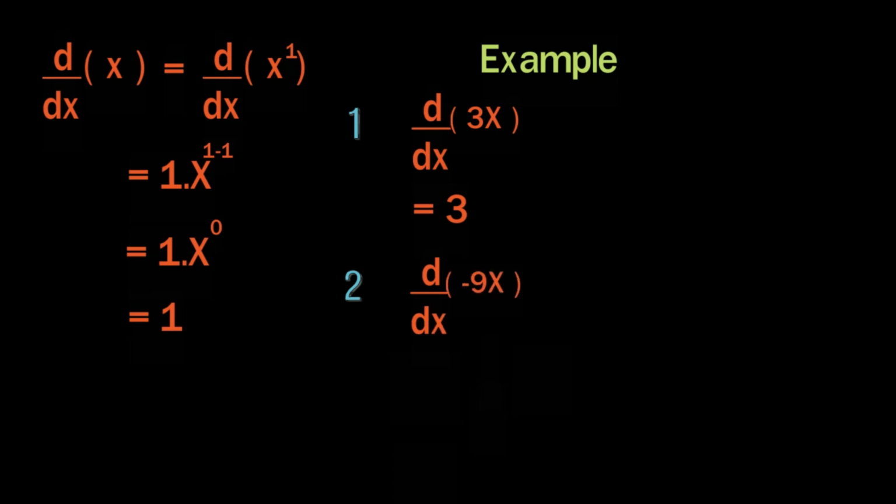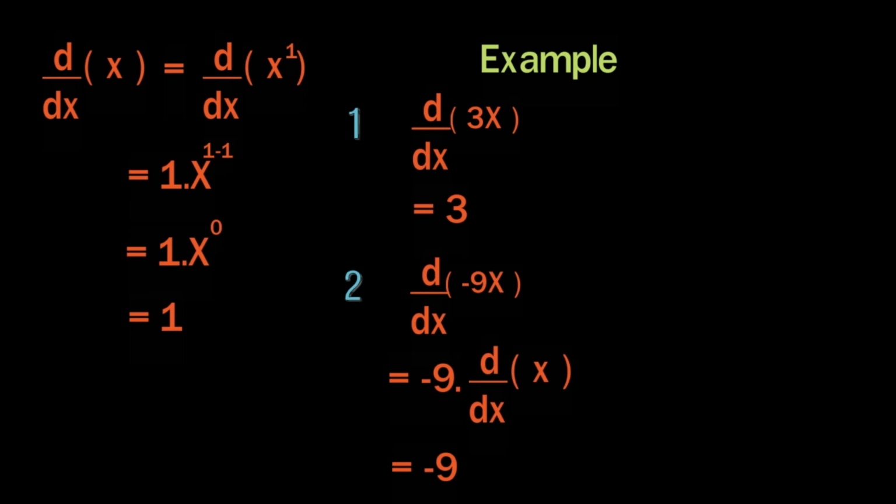It's the same idea. The negative 9 can be brought in front and we multiply with the differentiation of x, so we will get negative 9 as the answer.